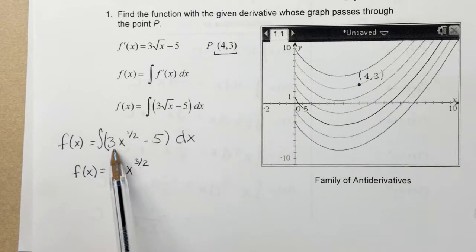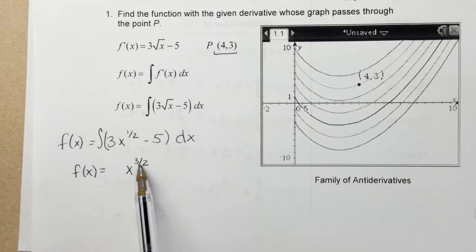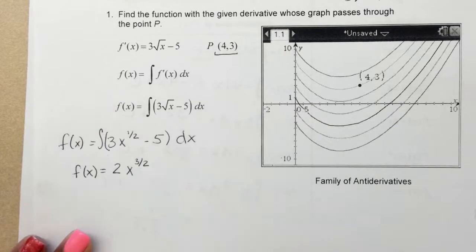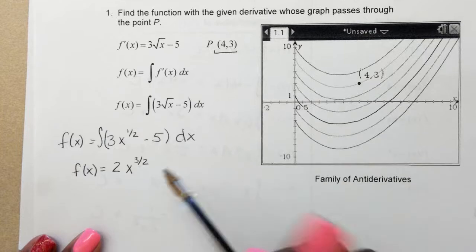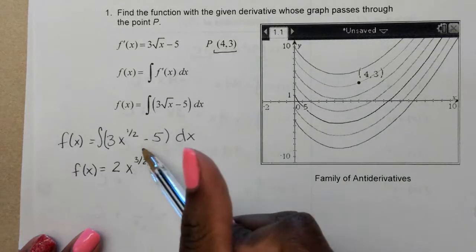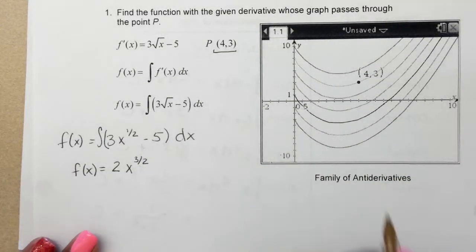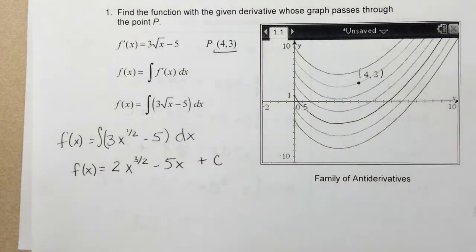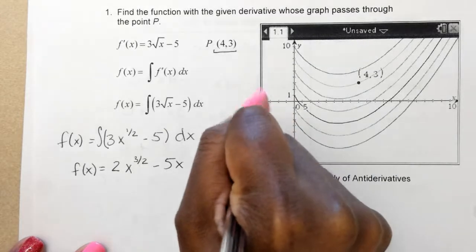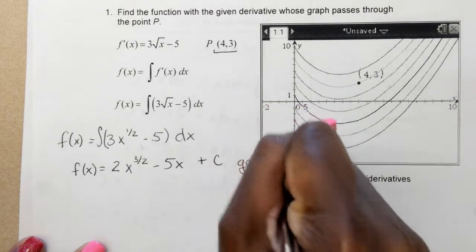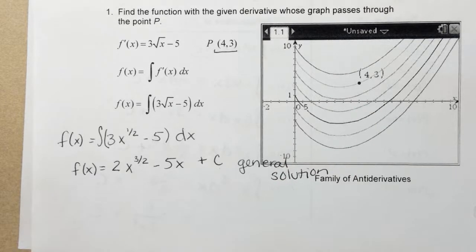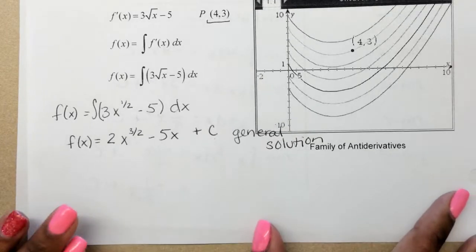So 3 divided by 3 over 2 is 2. And then the antiderivative of negative 5 is negative 5x. And then we're going to add our plus c. So this is what we call the general solution. When our solution still has a c, it's the general solution. It's the general integral, indefinite integral.